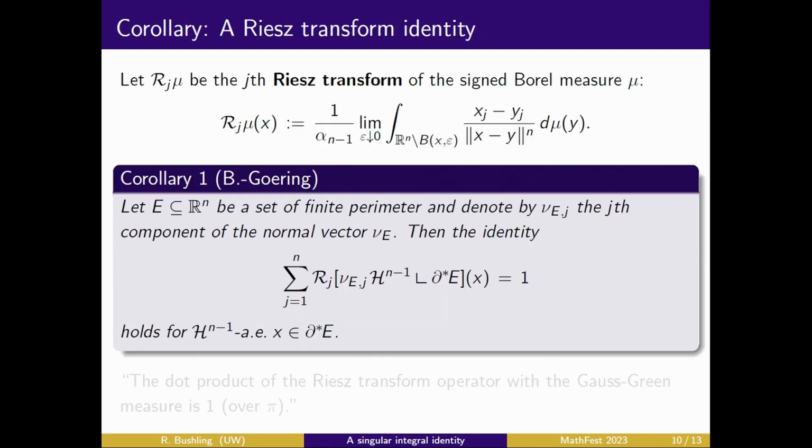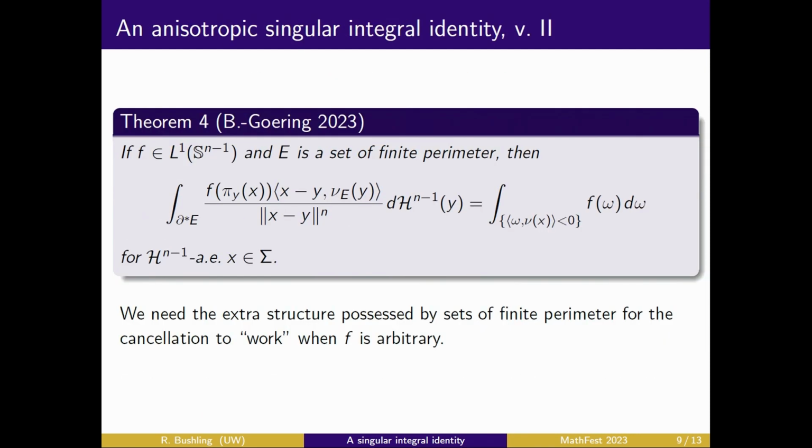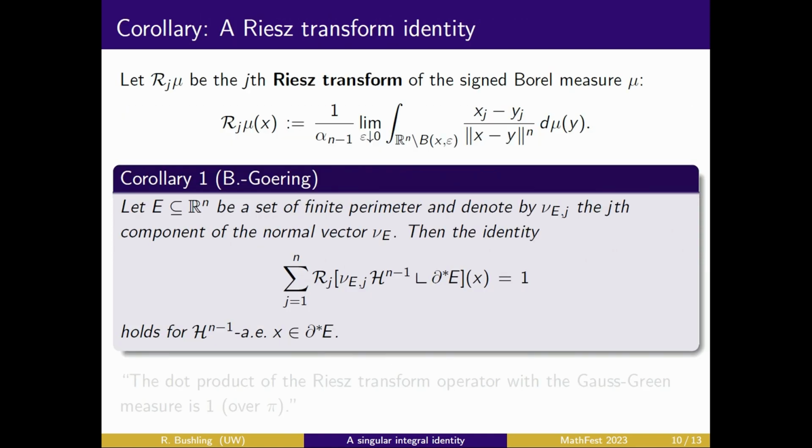All right, and so now we're going back into some anisotropic stuff that we had completely deviated from. We're going to slide into some corollaries, and one of them is going to be the anisotropic Steinerberger inequality. So I wonder which one it's going to be. Looks like it's not this one. So let Rj of mu be the jth Riesz transform of this finite signed Borel measure mu.